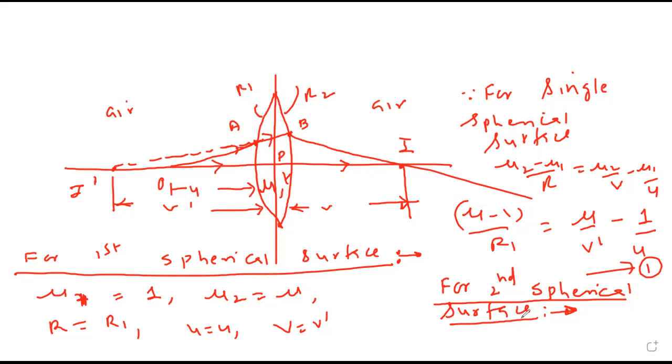Now for the second spherical surface, mu1 is mu. Light is going to come out from here, so this is the first medium, and it is going into the second medium, which is air. R is R2, u is v dash, and v is v.